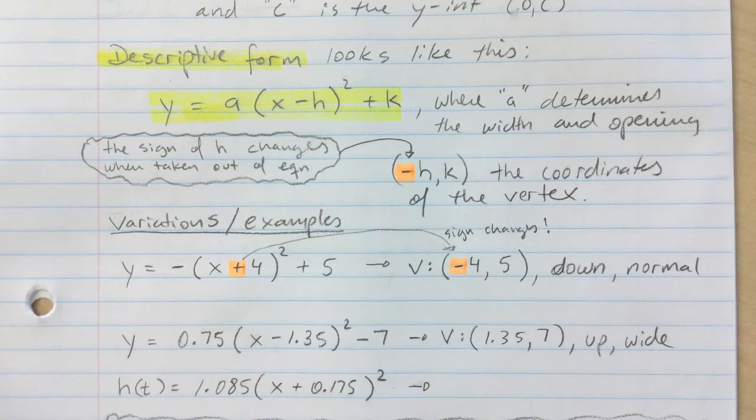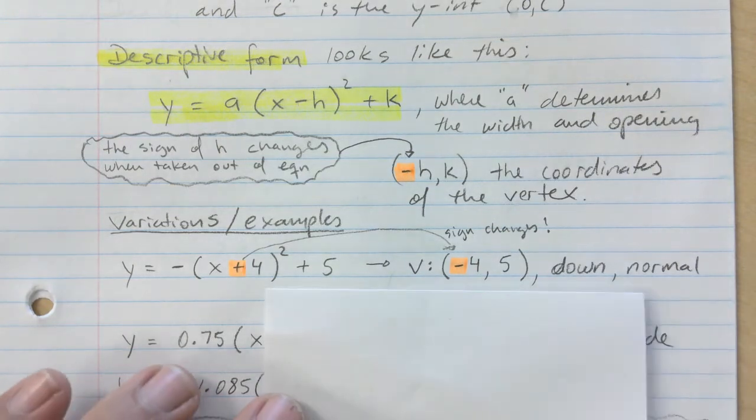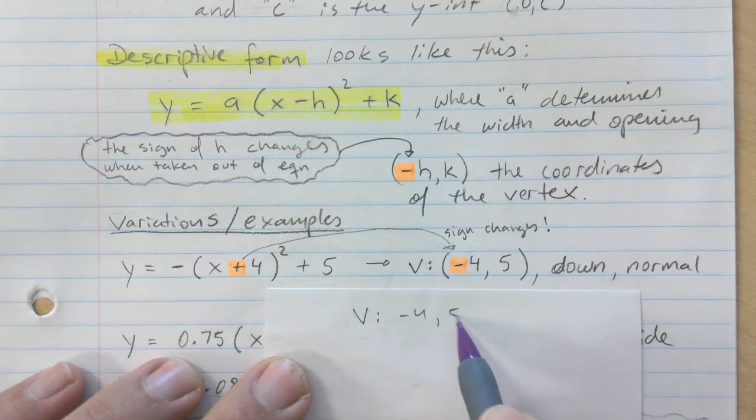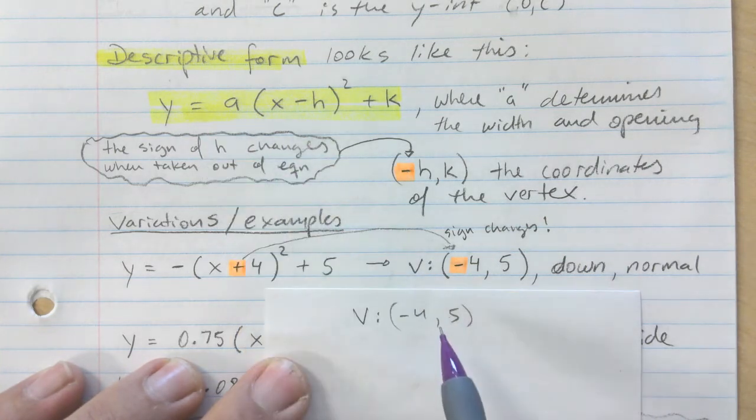Okay, so let me take some scrap here on the side, okay? So let's say I told you that the vertex is -4, 5, okay? And you're saying, okay, write the descriptive equation with a vertex of -4, 5, okay?